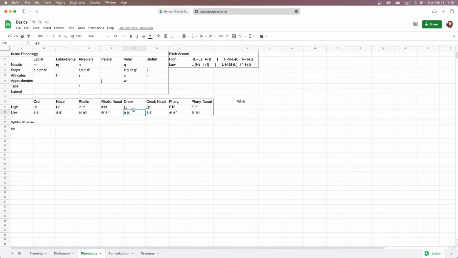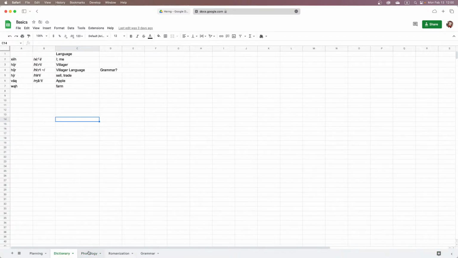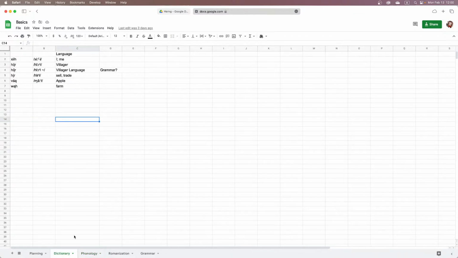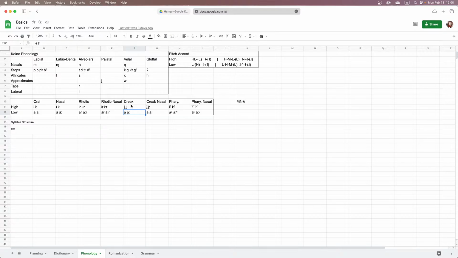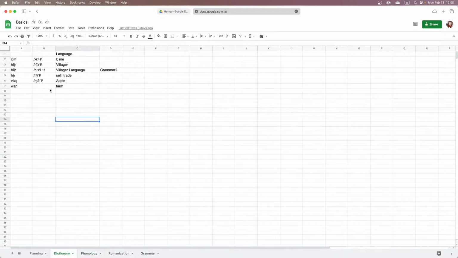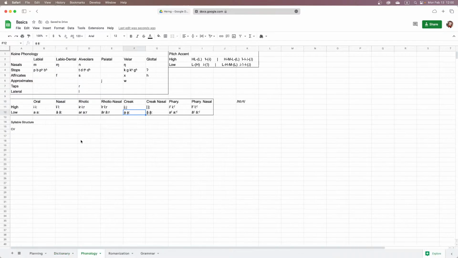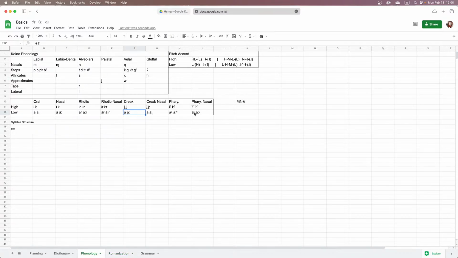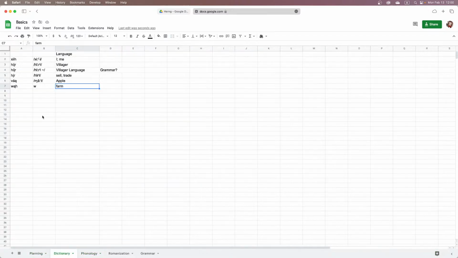So, let's see. If you didn't see my live stream on Friday where I started playing Minecraft, on there I created the word for farm. Let me just get H is pharyngealized, so that would be this one. Oh, nope.